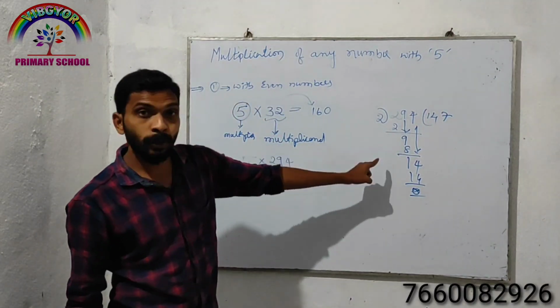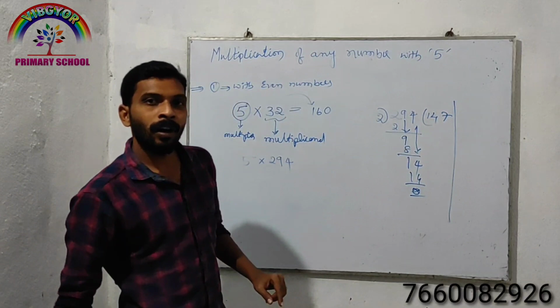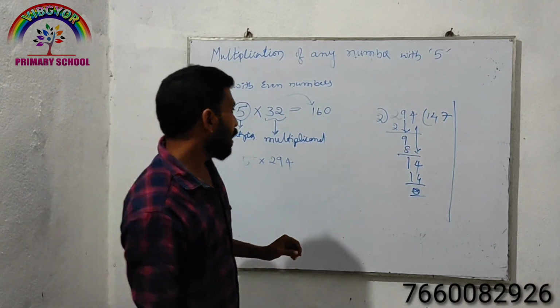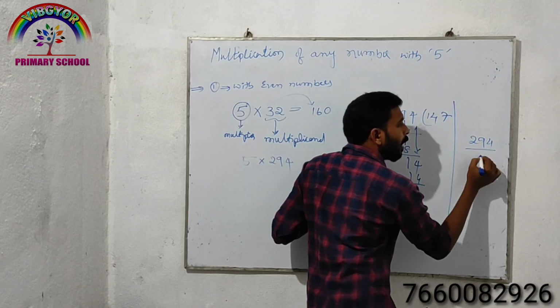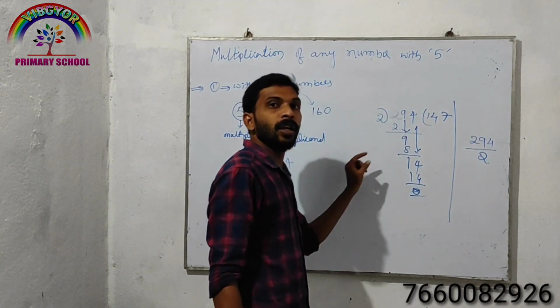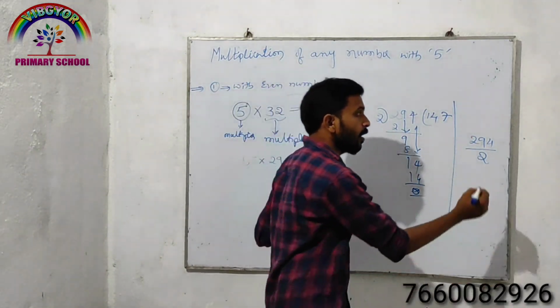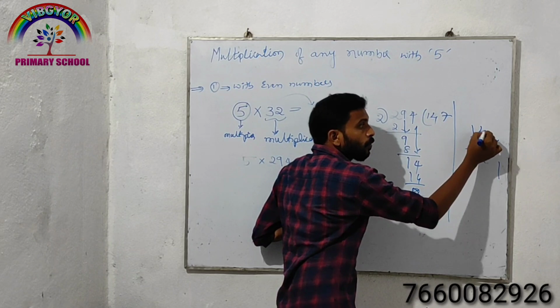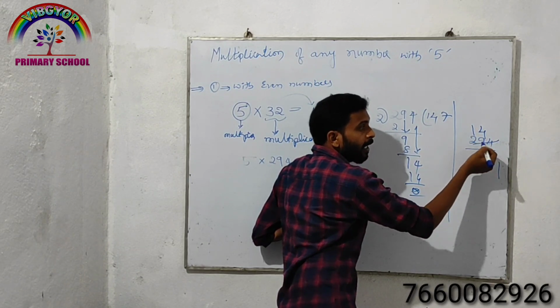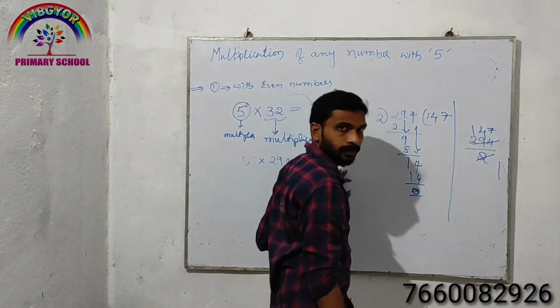Some students can do it like this. Or some students who are somewhat intelligent can go like this: 294 can be cancelled with 2, that is 294 upon 2. 2 ones are 2, 2 ones are 2, 2 fours are 8 completed and 1 is remaining, 1 and 4 is 14, 2 sevens.